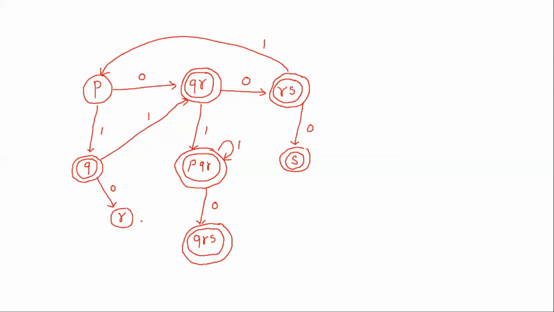R for 0 goes to S, and R for 1 goes to P. Then let us find out transitions from this S for 0 and 1. S for the input 0 has no transitions, and S for 1 goes to P.